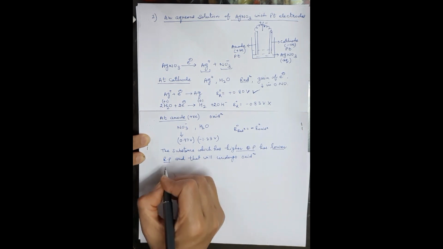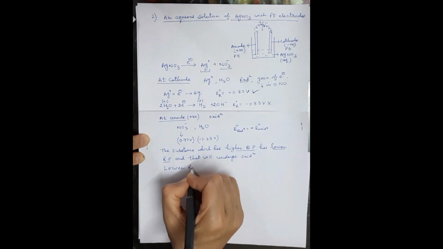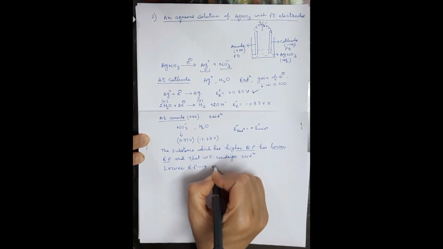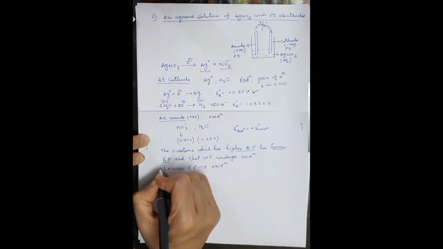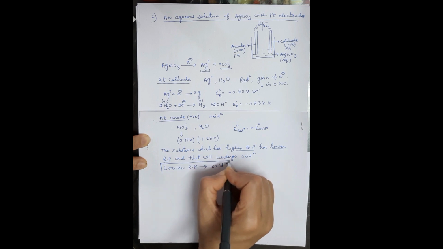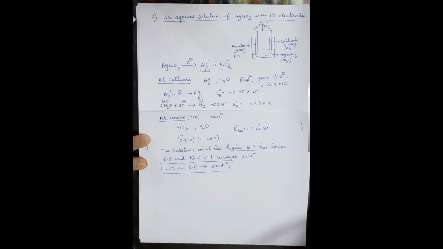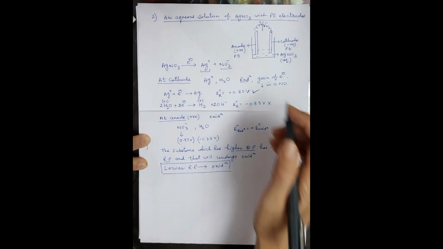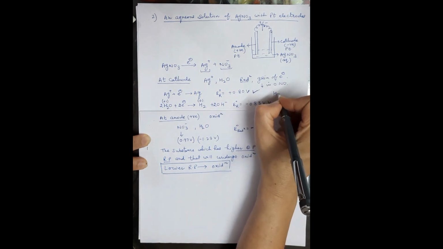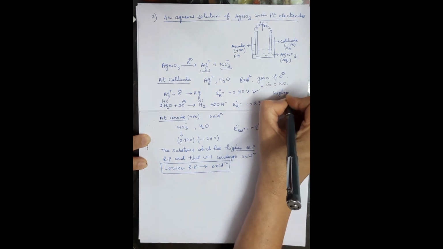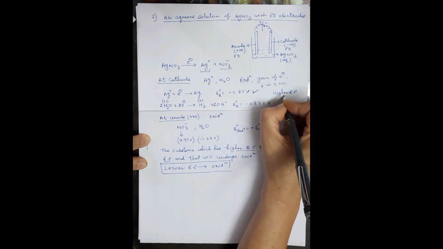So what is the rule? The one with lower reduction potential will undergo oxidation and the one with higher reduction potential will undergo reduction.